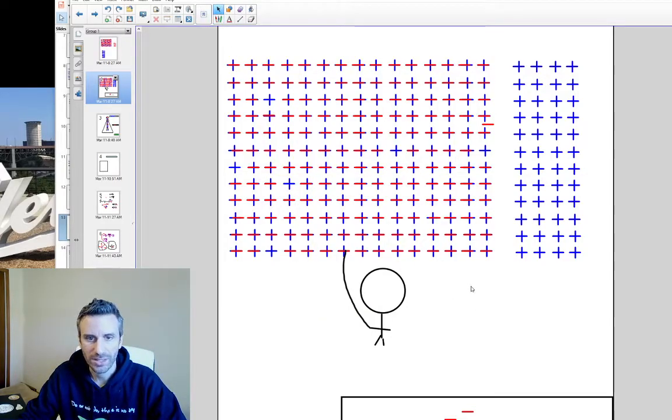In this case, it wants electrons, and you have electrons in your body, so it would take the electrons from your body, and they would flow into that.